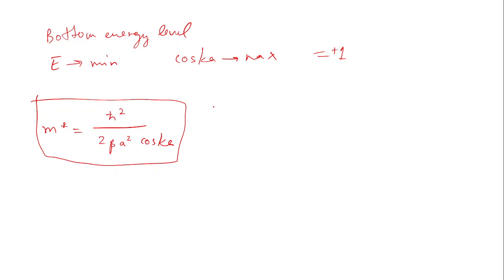But now we have to find the effective mass of the electron when it is at the top of the energy gap and when it is at the bottom of the energy gap. So at the bottom of the energy gap, for the energy to be minimum, cos Ka should be maximum, that is, it should be plus 1.